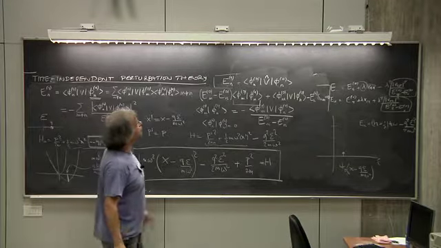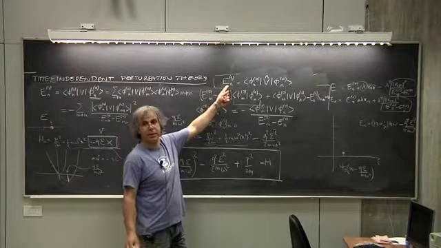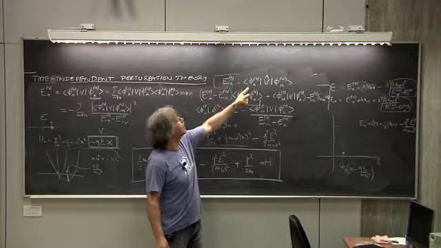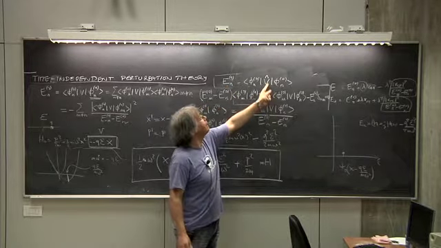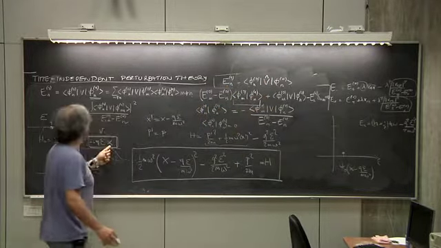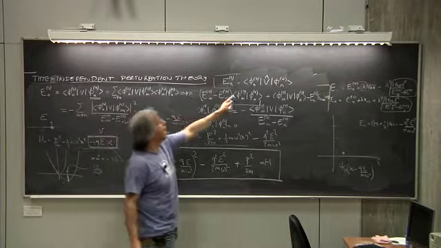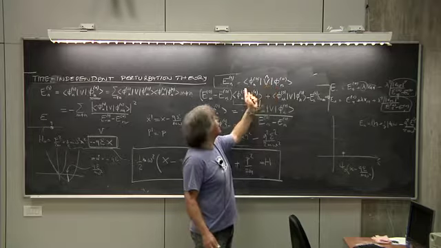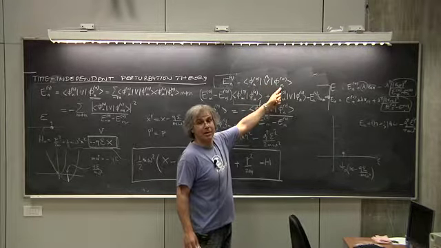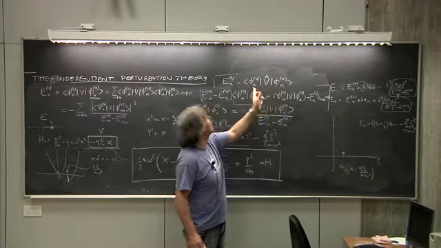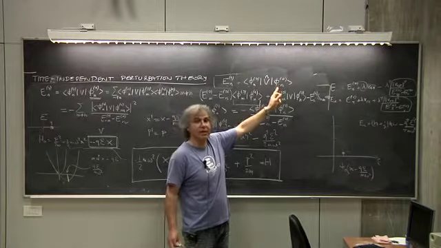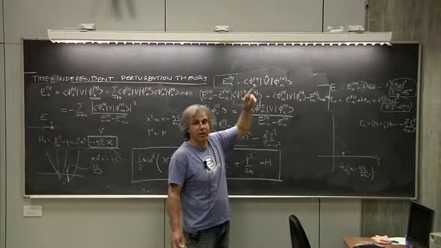For instance, if I want to know the shift to first order in the perturbation, I should calculate the value of x, the operator x, between two states of the unperturbed oscillator, n and n, the same. But you know that these eigenstates have a definite parity. They are even, odd, even, odd, even, odd.